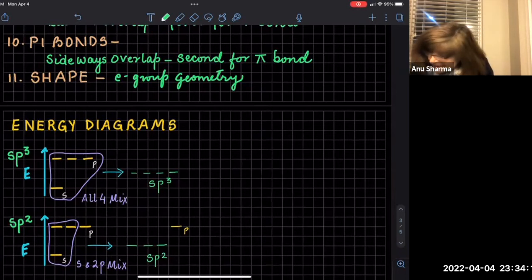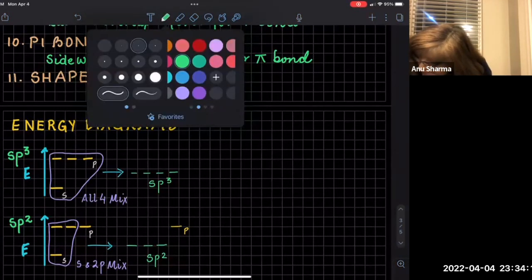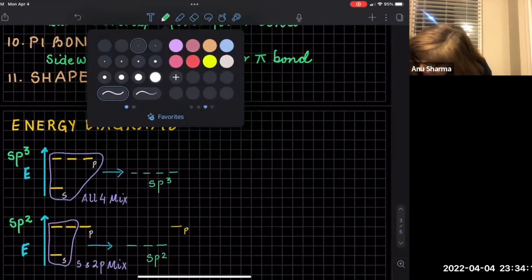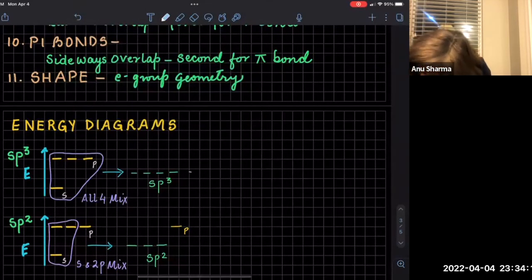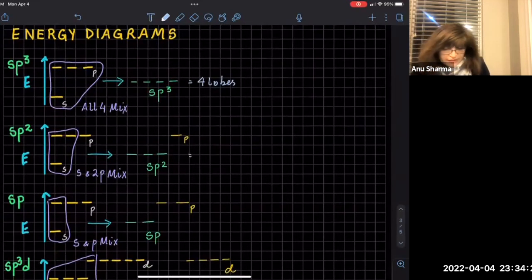Now, let me just write this down here. Let's grab another pen. Okay, so here, Sp3, 4 lobes. Sp2 is 3 lobes.